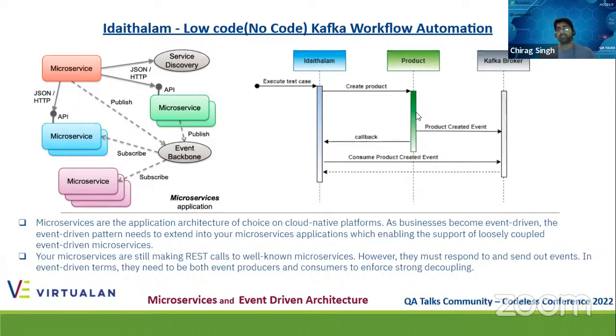Then what does this service do? This microservice creates a Kafka event to a Kafka broker, and meanwhile the Ethereum layer is consuming that Kafka topic. It consumes the event created by the product microservice, and then it validates whether that Kafka event is created properly or not. So this is the way this framework works.